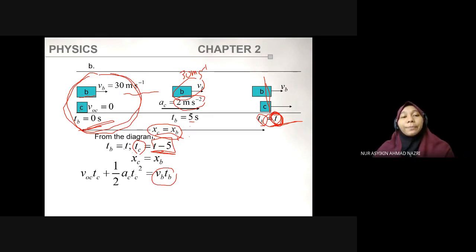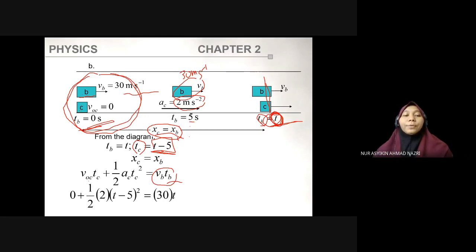So TB ambil TB punya, TC ambil TC punya. Sebabnya yang ni car punya, bus punya, don't mix up. Cuma ini V initial car, acceleration car. Macam yang bus tak ada acceleration sebab dia move steadily, so 30 meter per second tu je lah.